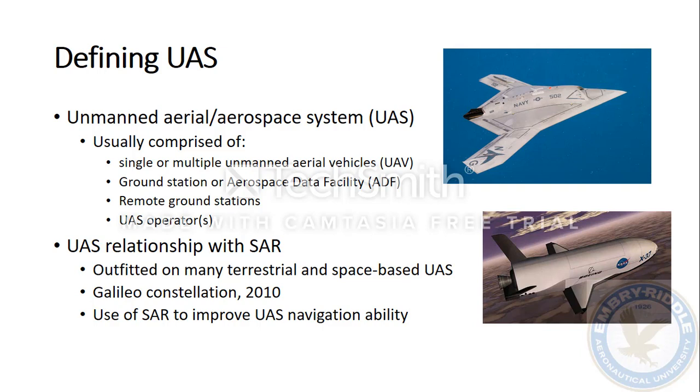But the Galileo constellation is just one of these examples. And SAR has even been used to improve the navigation abilities on smaller, medium, or even larger UAS should their inertial navigation system, INS, basically that's co-located with their global positioning system, fail. And that's been shown to work with pretty good results.